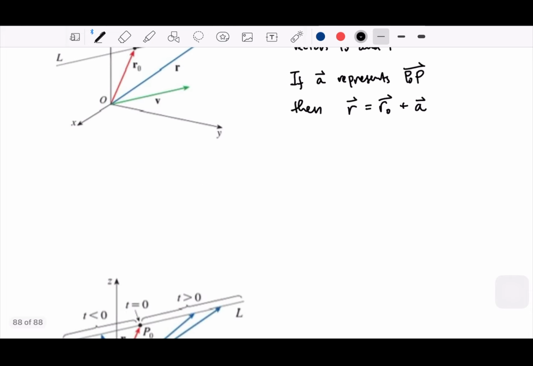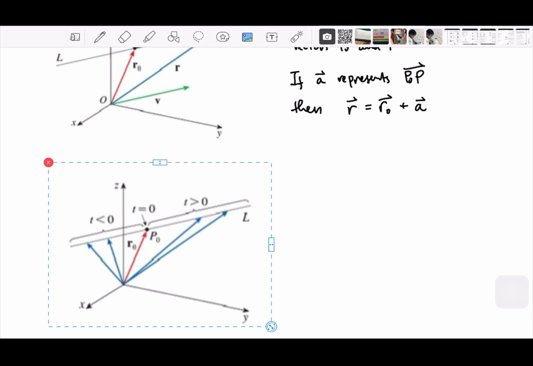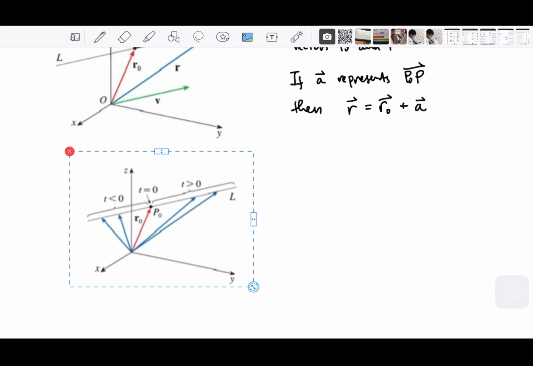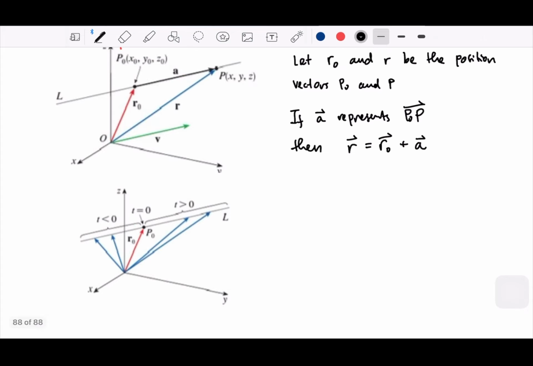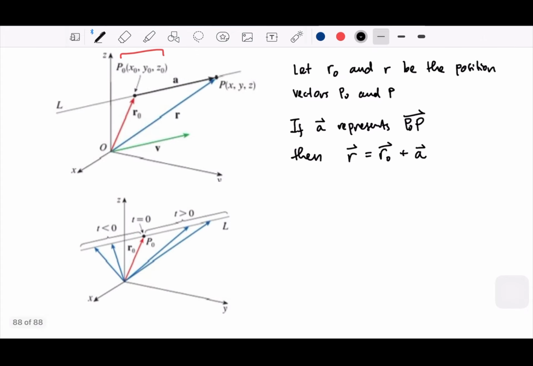And then, let me put the drawing here so we can see both of the figures. Okay, let me draw it like that. And then similarly, from the first figure, if we change the position of R0, we change the direction.